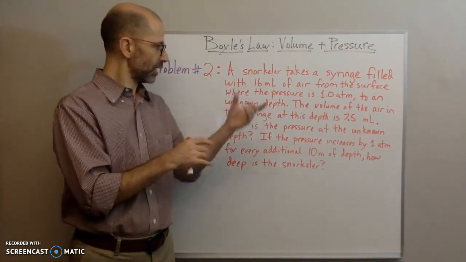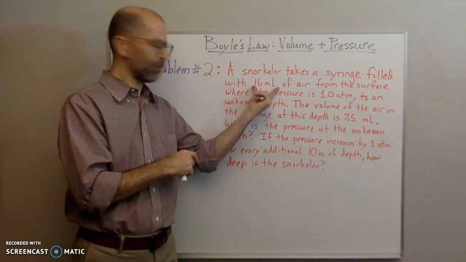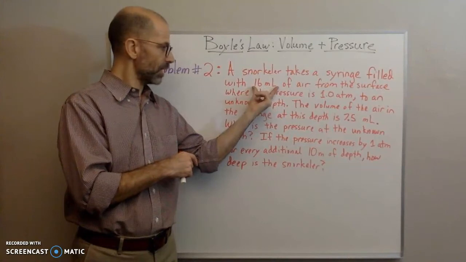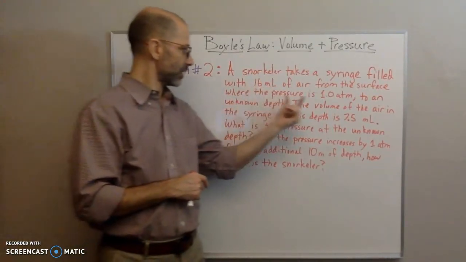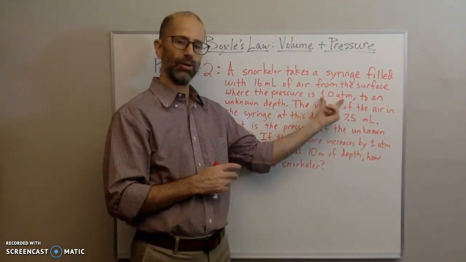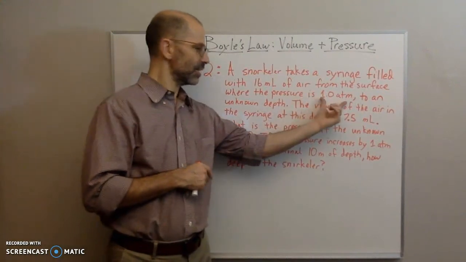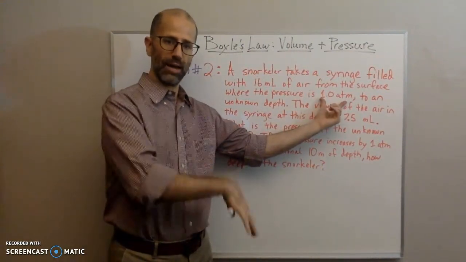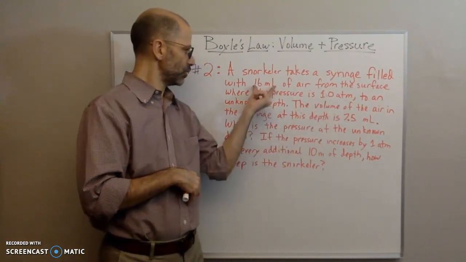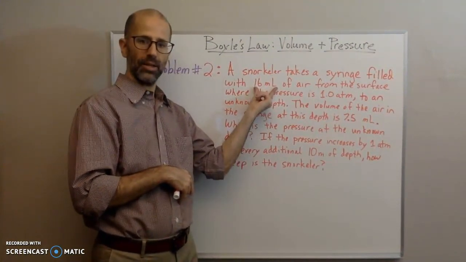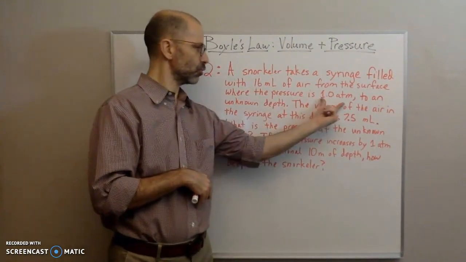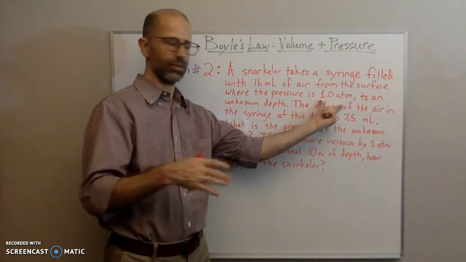That's important to remember for this problem. So at the beginning, the volume of the air is 16 milliliters, and that is equated with an outside pressure of 1 atmosphere. So that means that at this level, before you dive in, the gas has a pressure equal to 1 atmosphere on the outside.